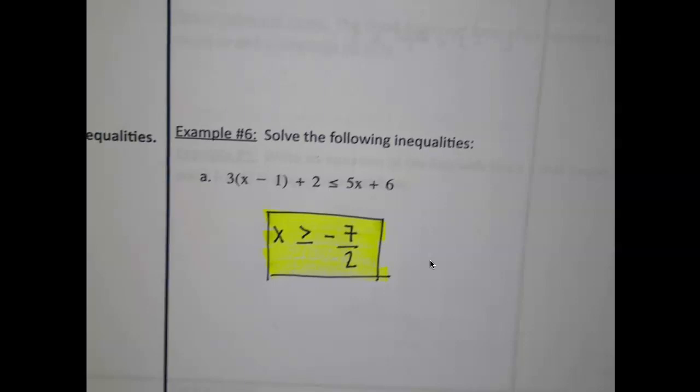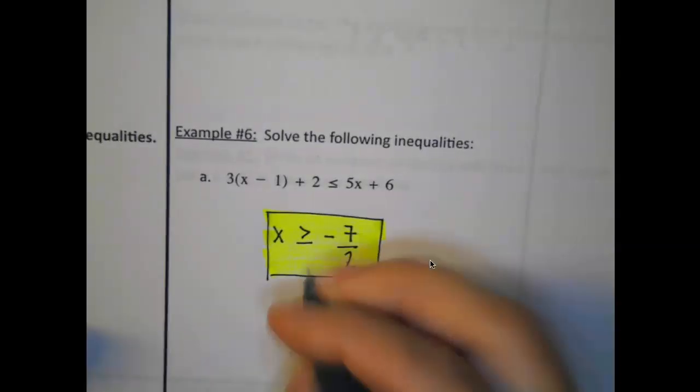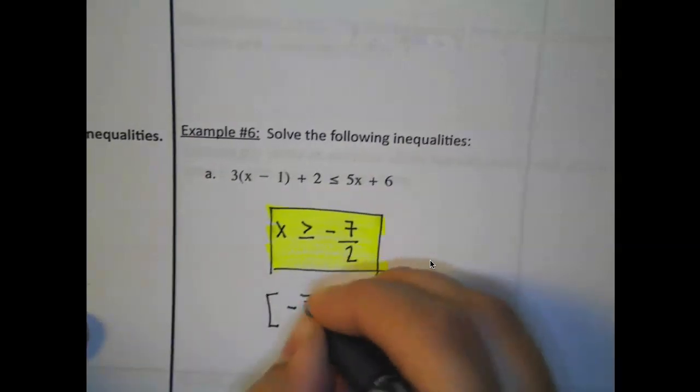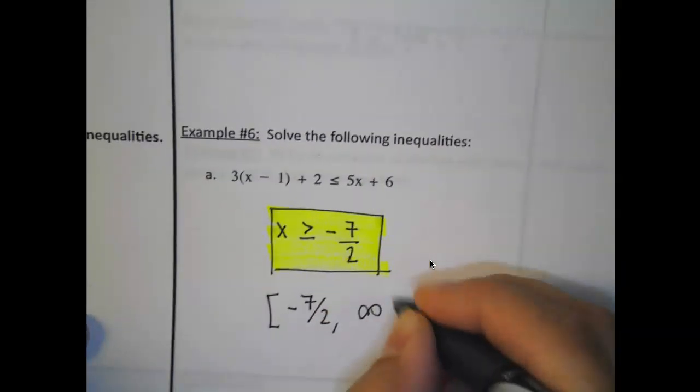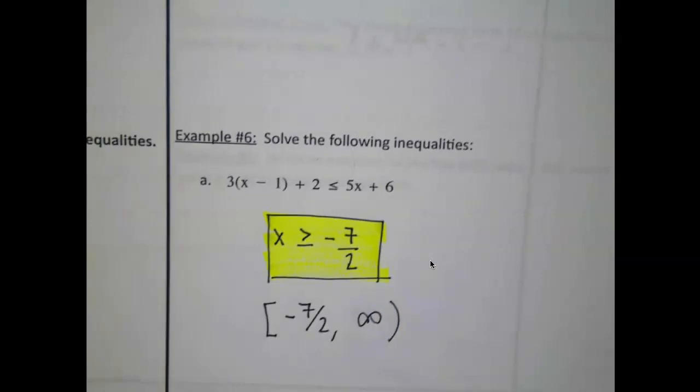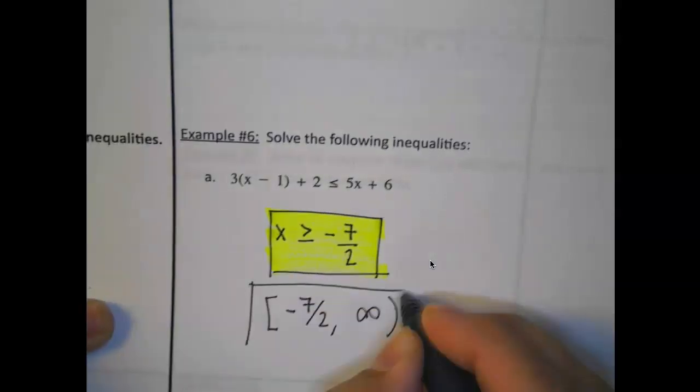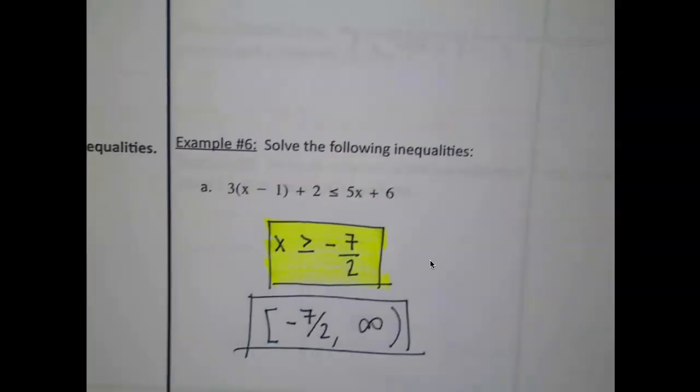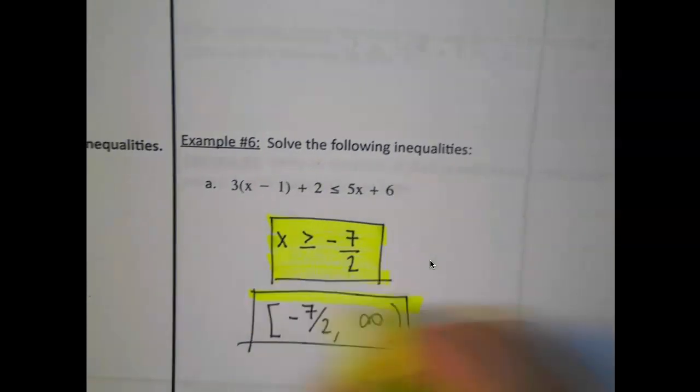All right, ladies, everybody got it? Great job. We've got bracket -7/2, comma, infinity. Infinity and negative infinity always have a parentheses because infinity isn't really a number, it's more of a concept. Okay, any questions on this problem?